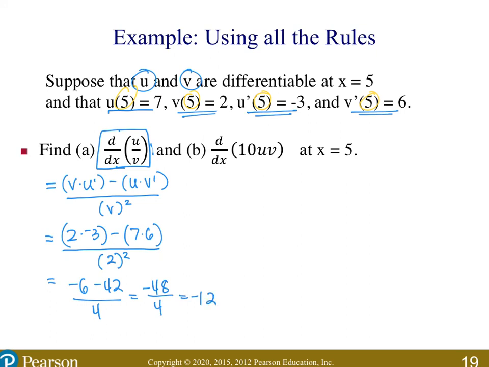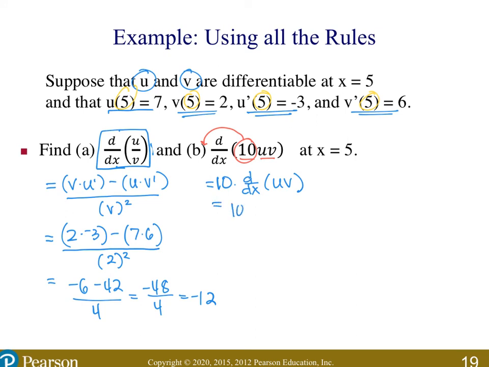For part B, again, I'm going to use the rule first, the numbers second. The rules first with the number 10 and then u and v as a product. Remember, 10 is a constant. The constant can get pulled in front of your derivative. So this becomes first 10 times the derivative of uv.